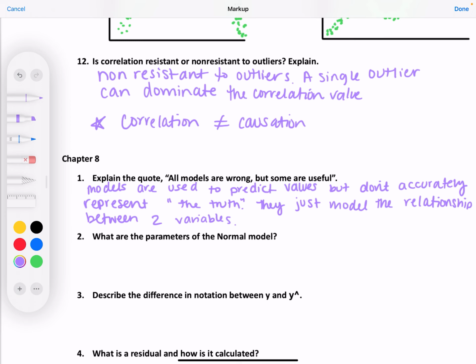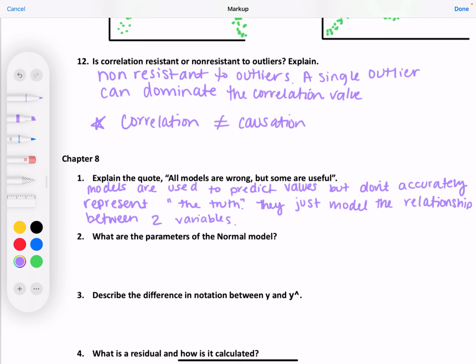What are the parameters of a normal model? I know this is a very simple question, but oh, X and Y. Last.